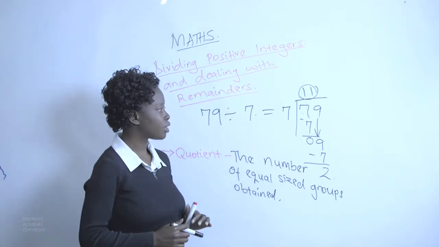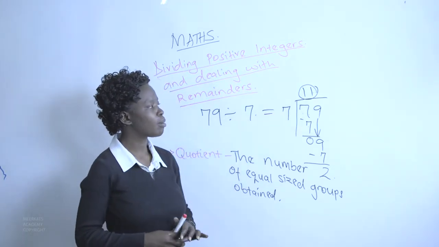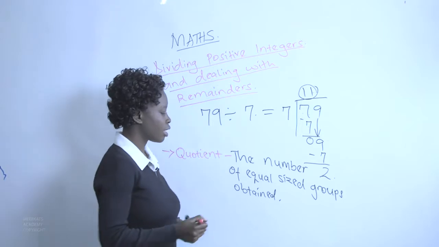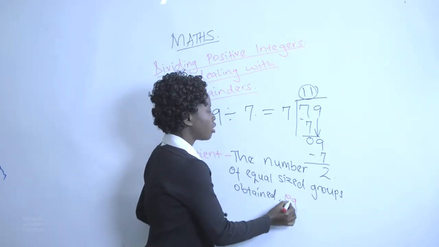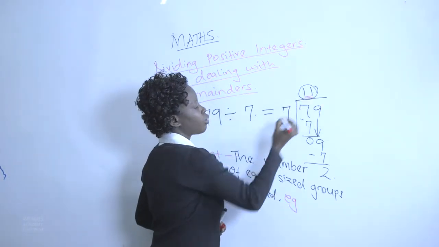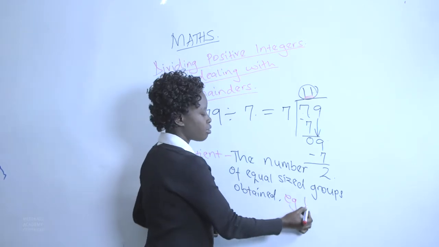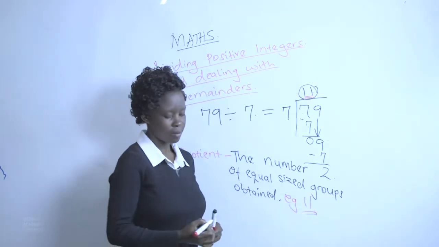In the example that we've just looked at, the quotient is 11.